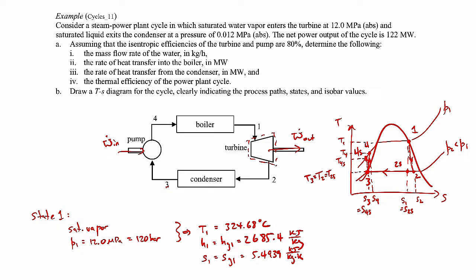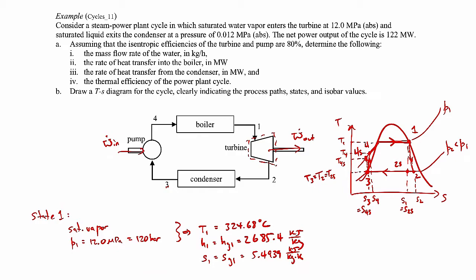And then from 4 to 1, we'll follow that isobar back over. Okay, so we've actually done part B here, drawing our TS diagram. That's right over here. It's a little small and crammed in, but you generally get the idea.